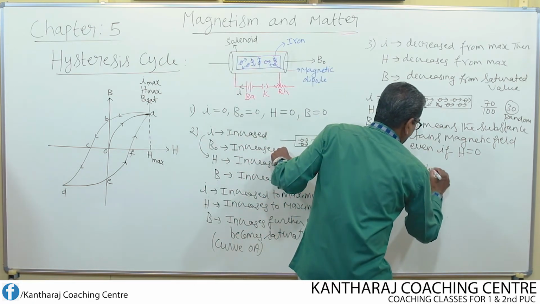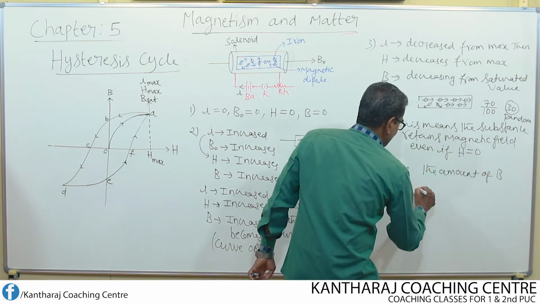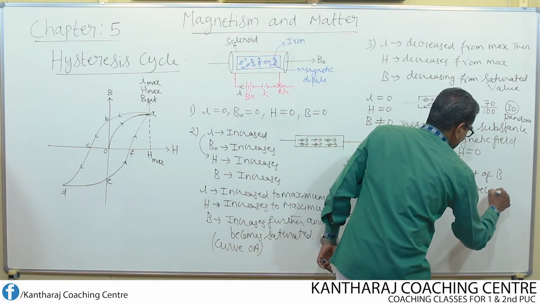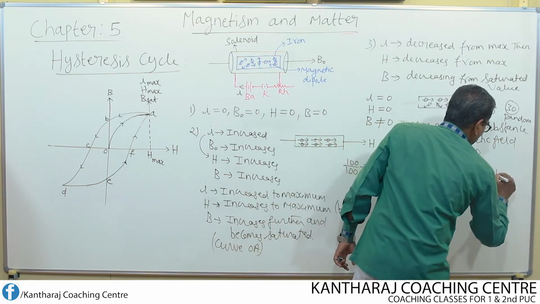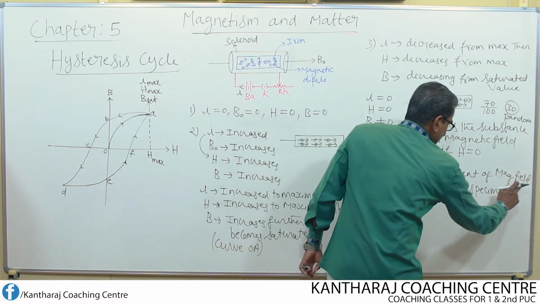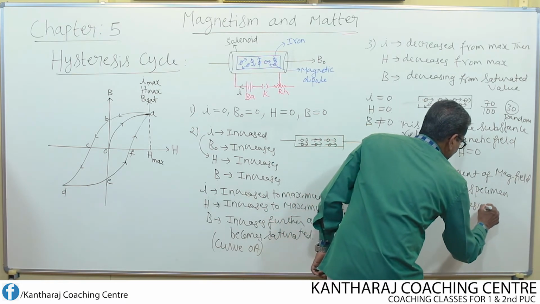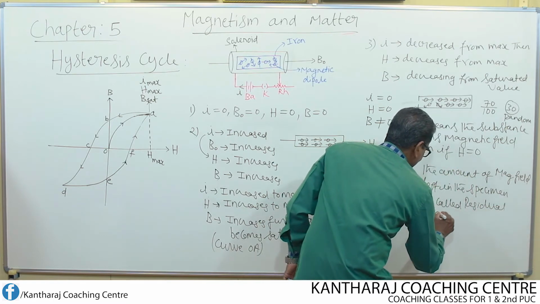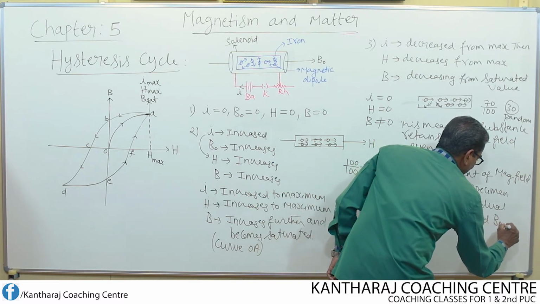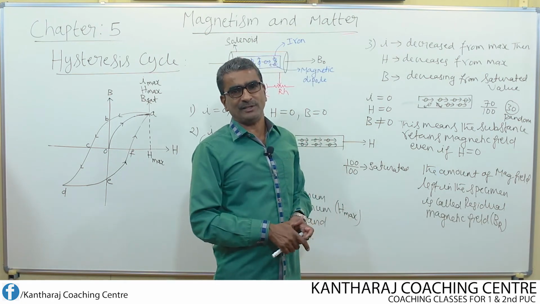So the amount of B left in the specimen, or the amount of magnetic field left in the specimen, is called residual magnetic field. Residual magnetic field is represented by BR. R stands for residual. Residual means remaining magnetic field.